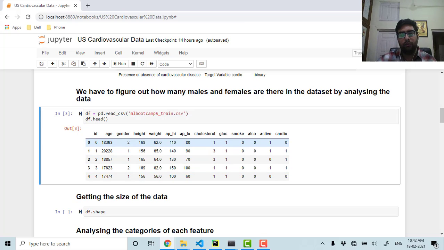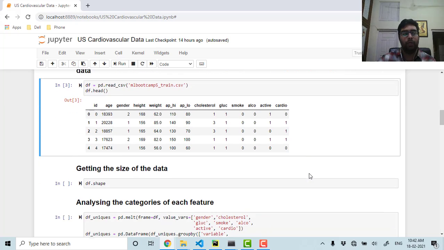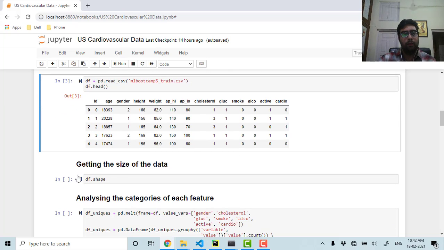Then smoking, alcohol and physical activity. And then we have the target variable, which is cardiovascular disease or not. Over here 3 patients have cardiovascular disease and 2 samples are not suffering from it. Now let's get the size of the data.